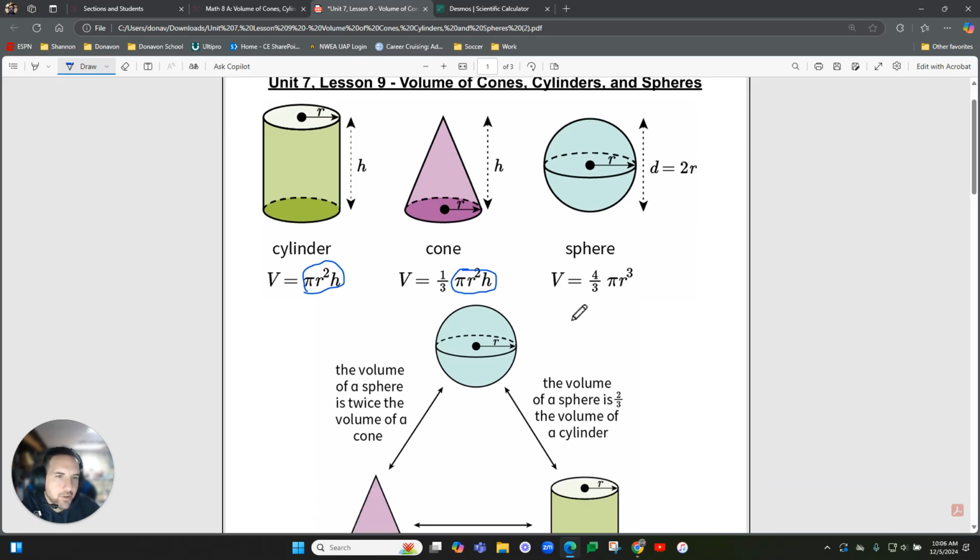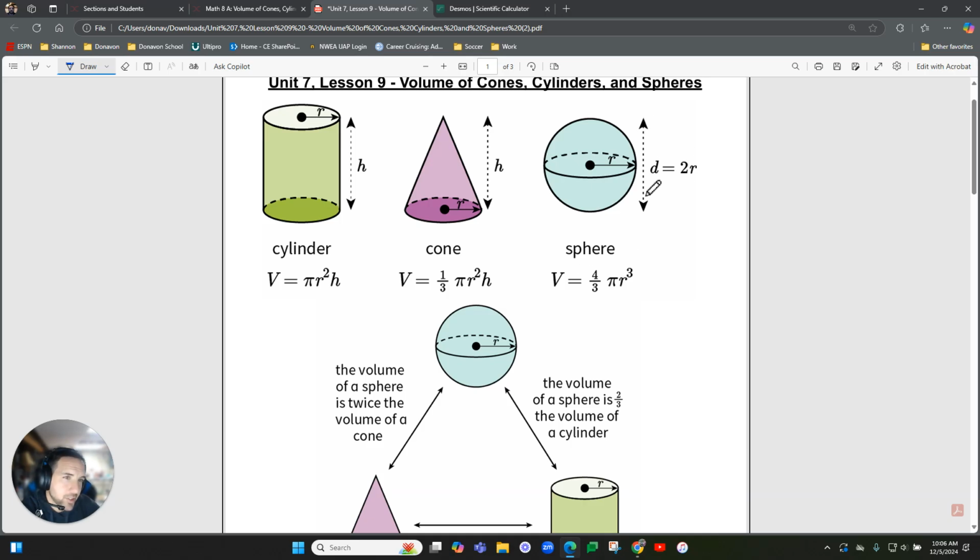And notice also in the sphere, these are the traditional formulas that we used in the lessons earlier. This is the same formula, pi r, except here it's squared, here it's to the third. So if we change this height to the same thing as the radius, so if the height of the cone or the cylinder is the same as the radius, then the only difference here is this 4/3 out front.